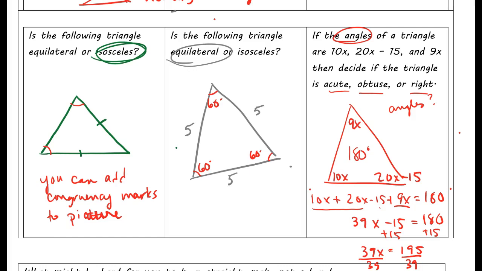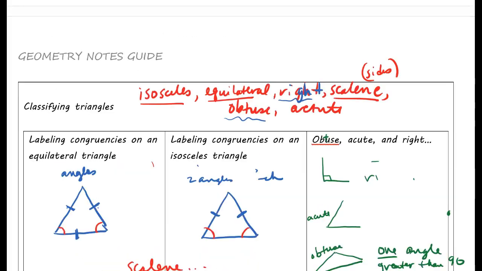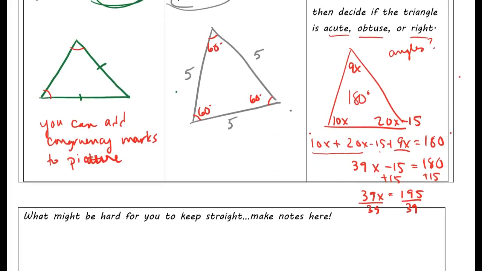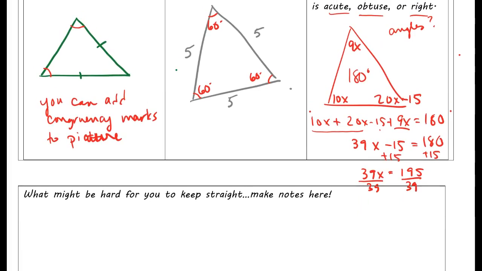Let me get myself a little bit more room. Hold on, we're getting there. I'm just going to go out to the side, everybody, and try to figure this out. Does it go in evenly? Maybe 5 times. Let me try 5. 39 times 5 is 195. Oh my gosh, that works. So x equals 5.